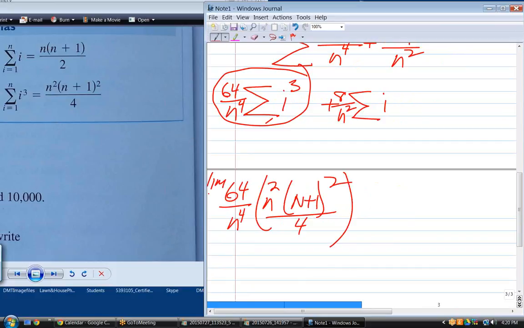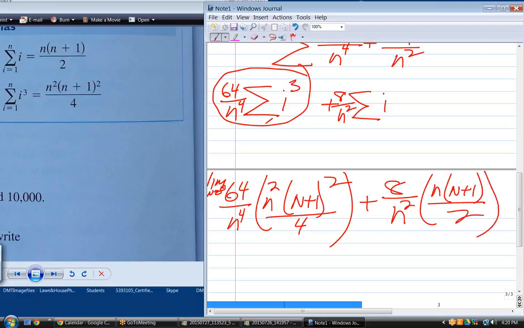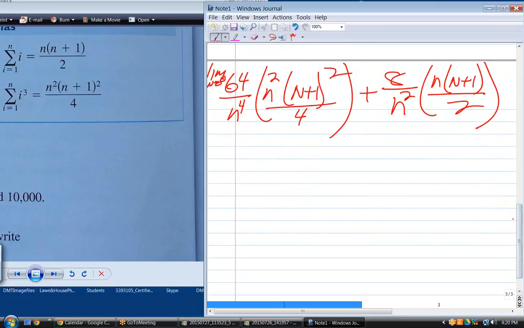The limit as n goes to infinity of this whole thing plus 8 over n squared times sigma of i is this, n times (n plus 1) over 2. And now we're going to actually figure out what number this comes up to.